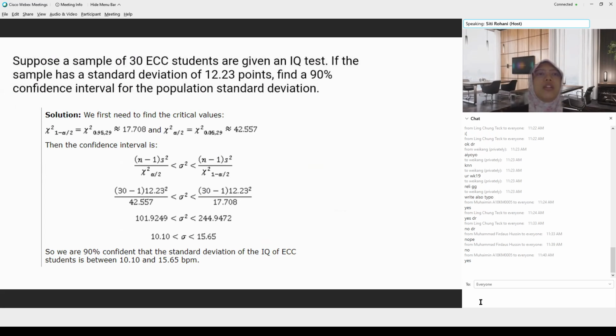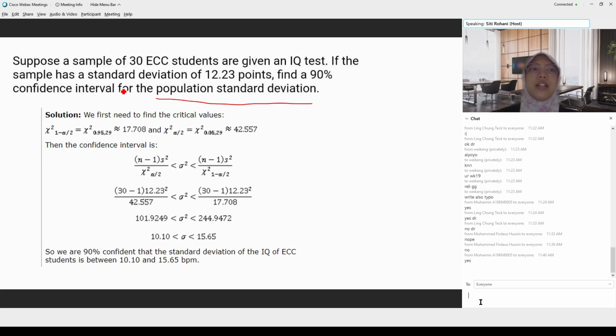Yes? So this question, I have already given you in your WhatsApp group. For this one, they want you to find a 90% confidence interval for the population standard deviation.